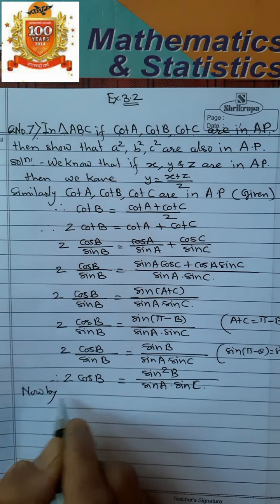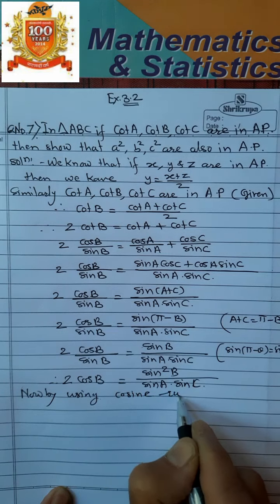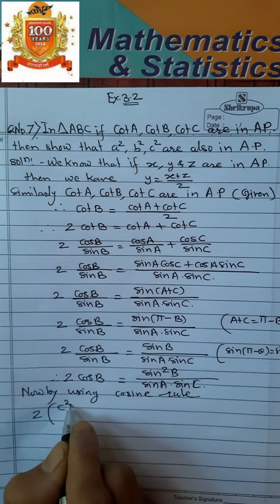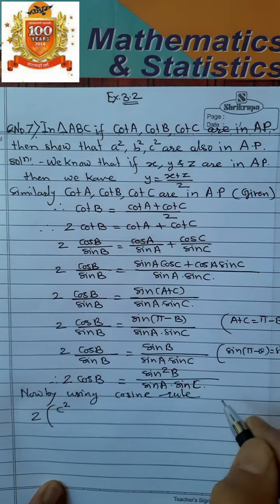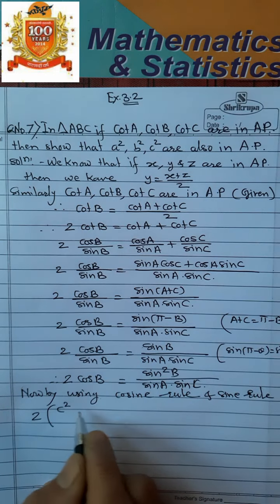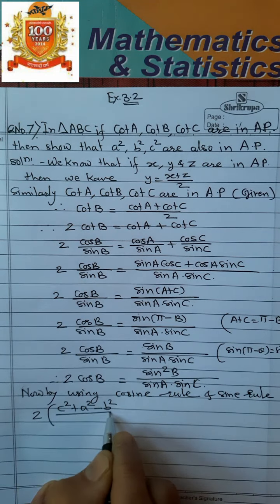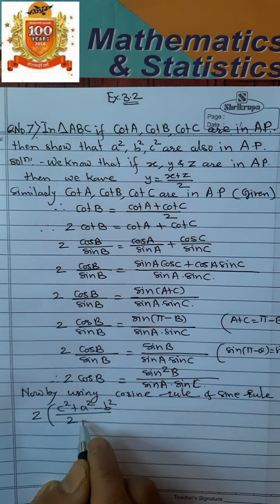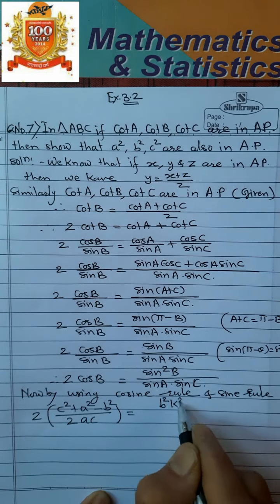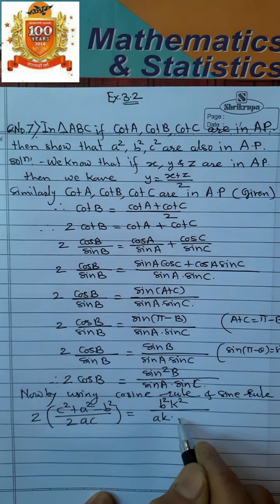Now, by using the cosine rule and sine rule, 2 into (c square plus a square minus b square) upon twice ac is equal to k square b square upon ak into ck.